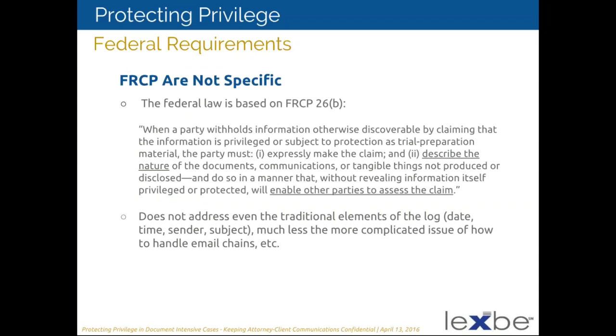Turning over to the Federal Rules of Civil Procedure, one interesting thing is that with respect to privilege logging, the rules themselves are not at all specific as to what ought to be in a privilege log, and I think we sometimes think that our standard privilege log with all the fields that we traditionally see are in the rules, but they're not. This is in court practice and also court decisions.